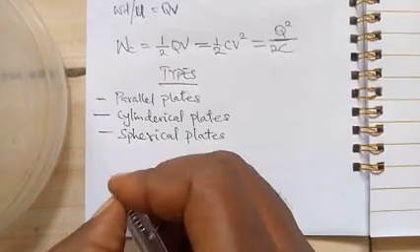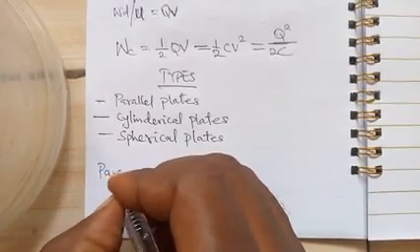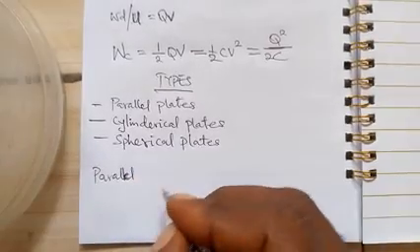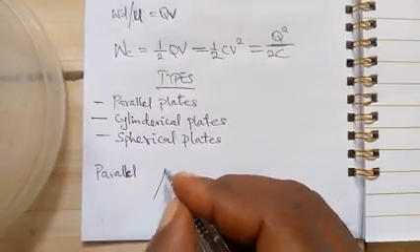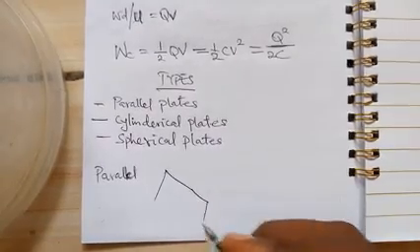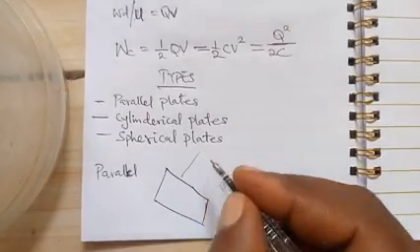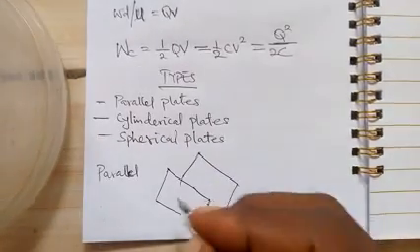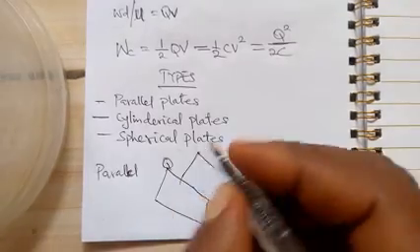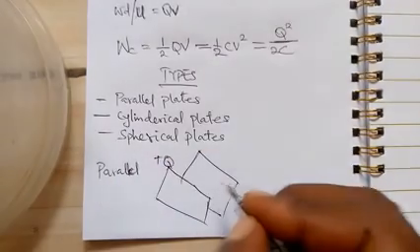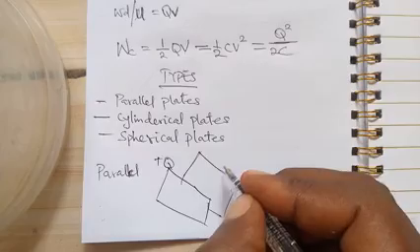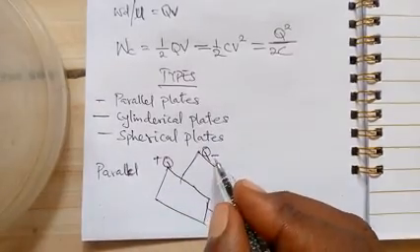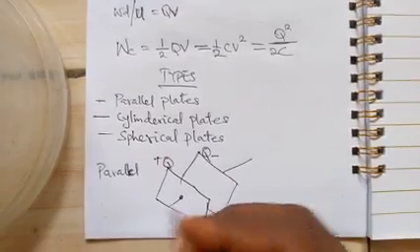If we pick the first one, which is the parallel plates, it looks like this, let me just sketch. They are of equal area, equal sizes, but opposite charges. So positive charge, negative charge, wire and wire.